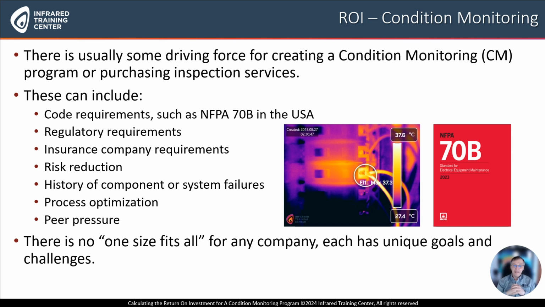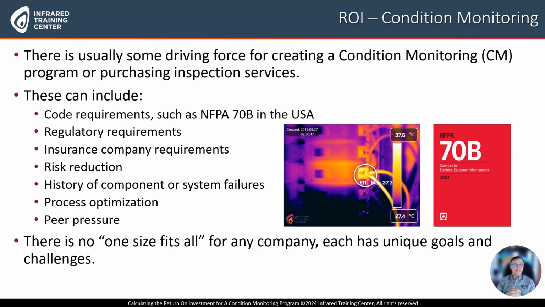There might also be regulatory requirements, and I'm more familiar with the Environmental Protection Agency requiring condition monitoring of oil and gas producers. There could be some insurance company requirements where the insurance company says, hey, we want to reduce your risk, and we want to reduce their exposure to any potentials. And so the insurance company and risk reduction, they go hand in hand.